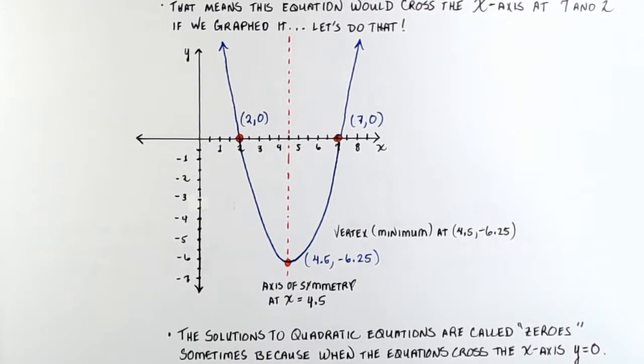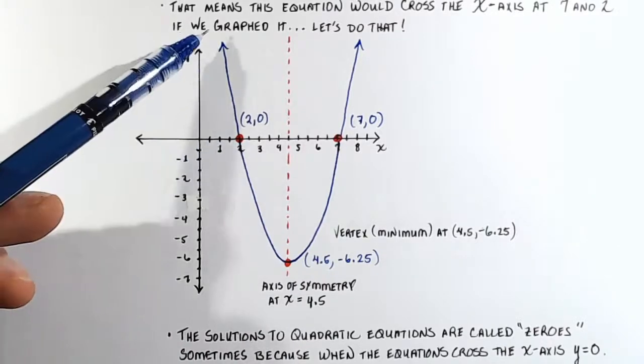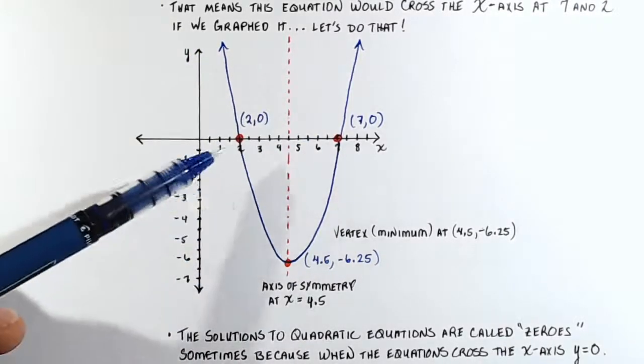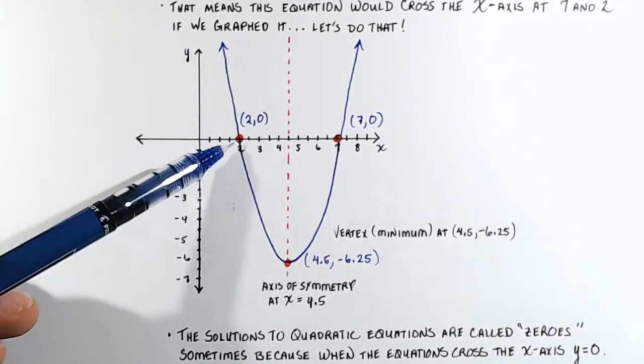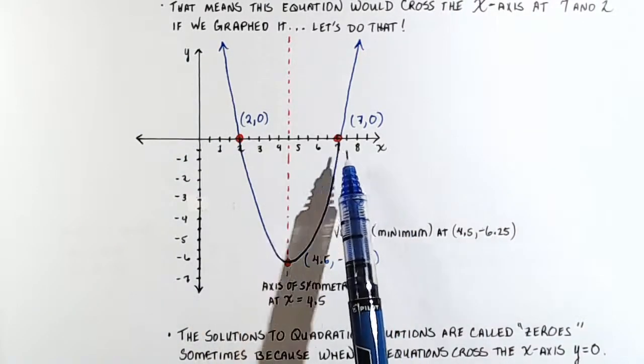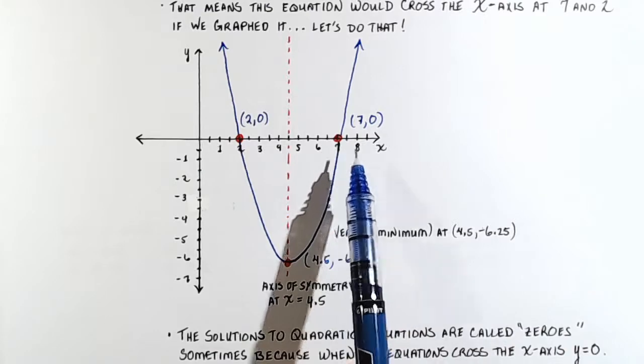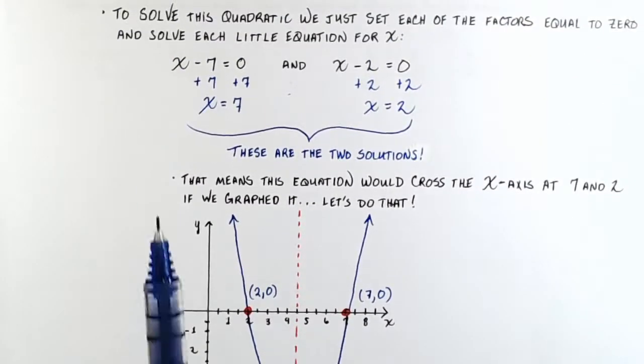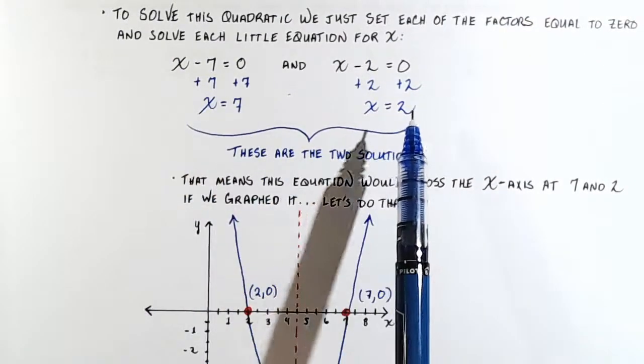I did a little bit more math that we'll learn about later to find the vertex and the axis of symmetry, but I wanted to show you here. This quadratic equation is crossing the x-axis at 2, and over here it's crossing the x-axis at 7. Those were our solutions, 7 and 2.